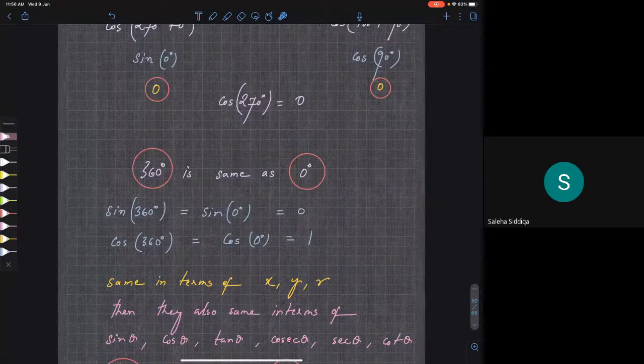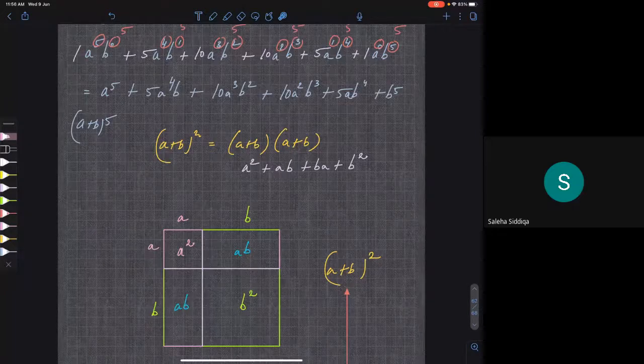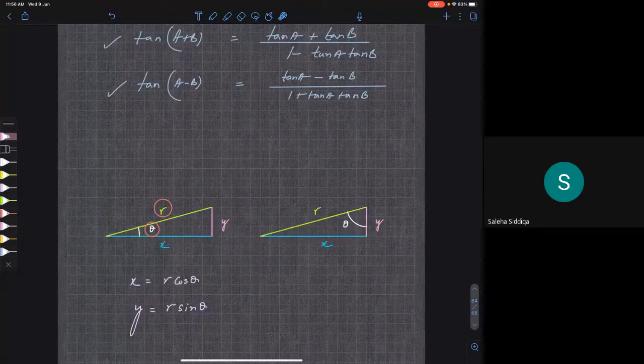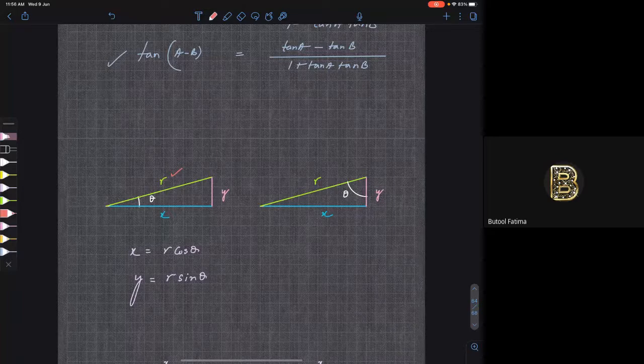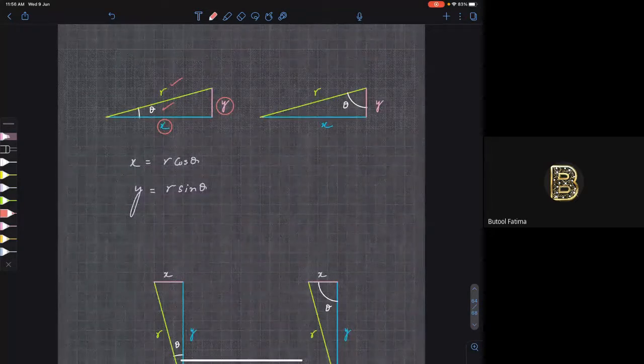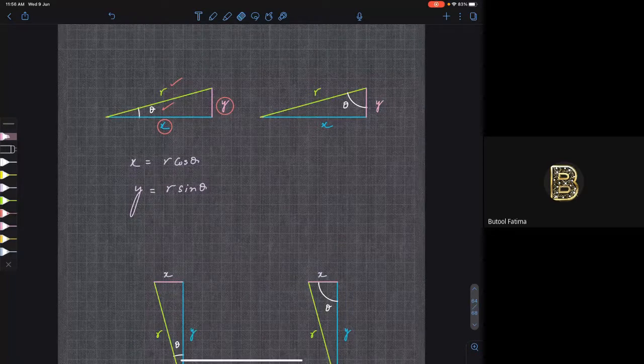Here, r and theta are given, you are finding x and y. So the side adjacent to theta is always r cos theta, and the side opposite to theta is always r sin theta. Clear?